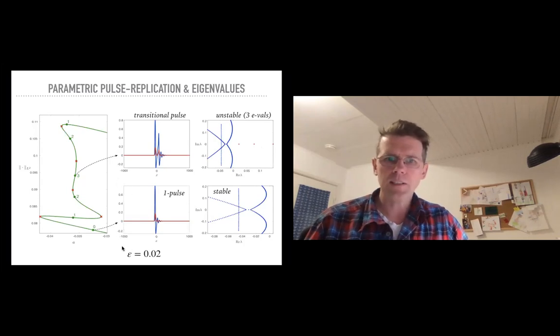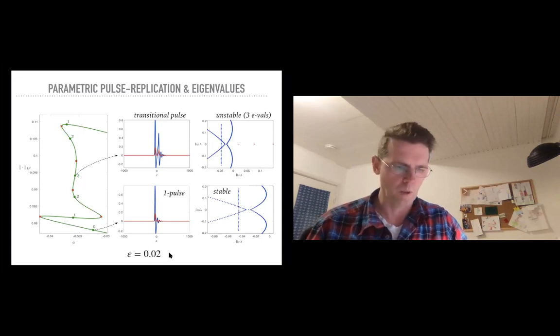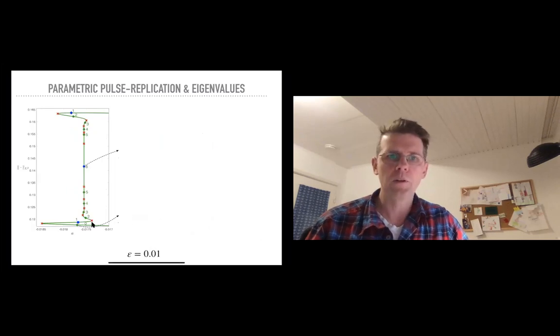Let us first try to understand a bit better the dependence on this epsilon. So what I'm next doing is I'll decrease the epsilon. In fact, I take half the value. So from 0.02, I'm going to 0.01. Let's see what happens. So the branch has become a lot more vertical and a lot more wiggly. In fact, twice as wiggly.